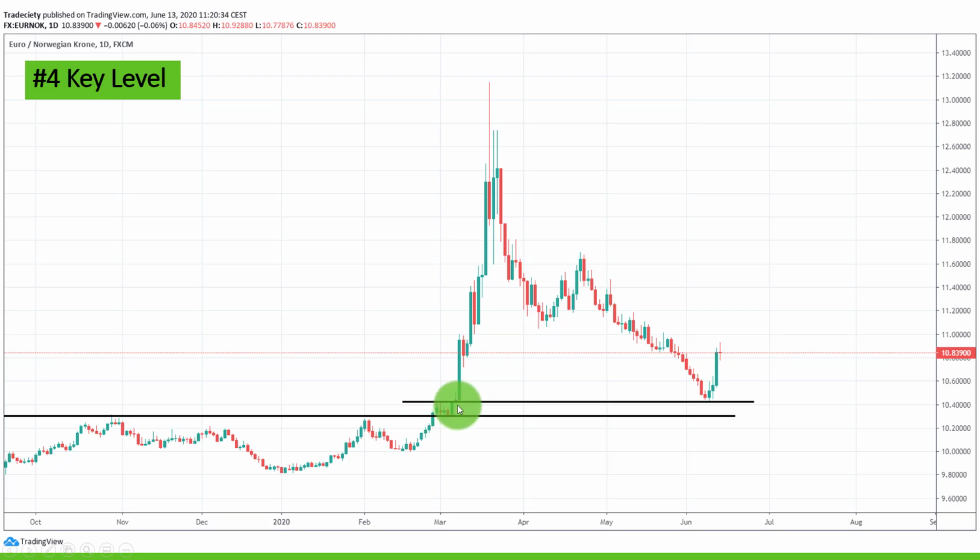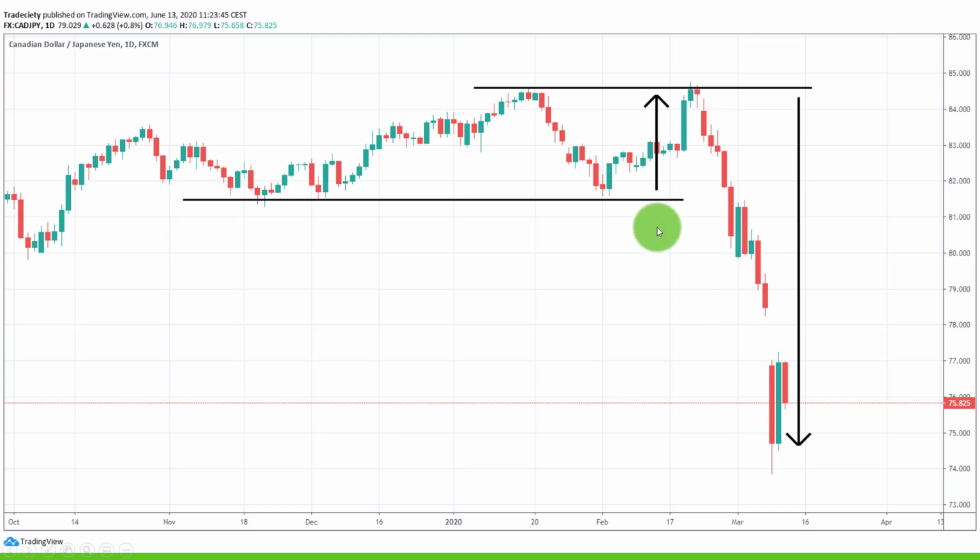And also, this is a demand area which started this huge uptrend. So it makes much more sense to have a deceleration here than here, in the middle of nowhere. This is the best approach to filter out trading opportunities that are not as high probability, and you let the price come to you.